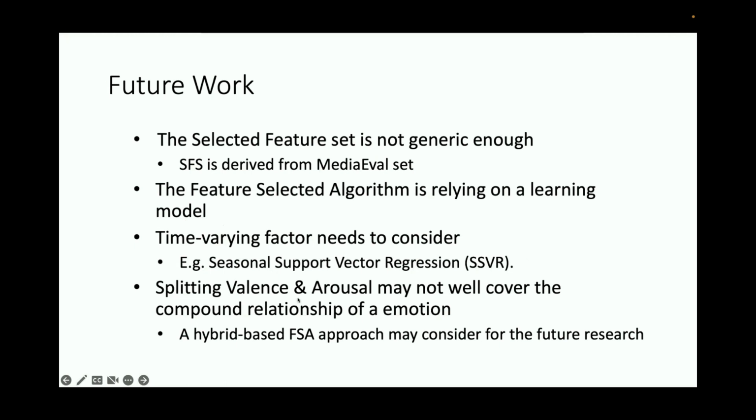Lastly, we found that splitting valence and arousal may not cover the combined relationship of an emotion. So a possible solution is to develop a more hybrid feature selection algorithm that takes valence and arousal into consideration at the same time for further research.